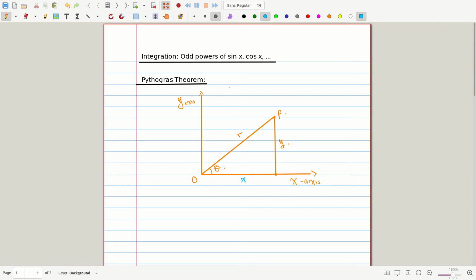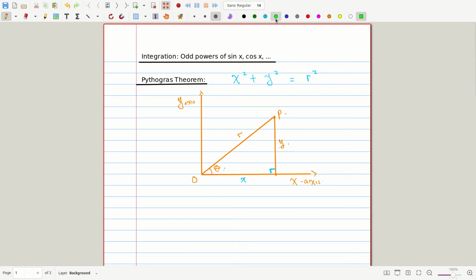So the Pythagoras theorem tells us that the square of the side which is adjacent to the angle theta, plus the square of the side which is opposite this angle theta, for a right angled triangle, equals the square of the longest side here, which is the hypotenuse.